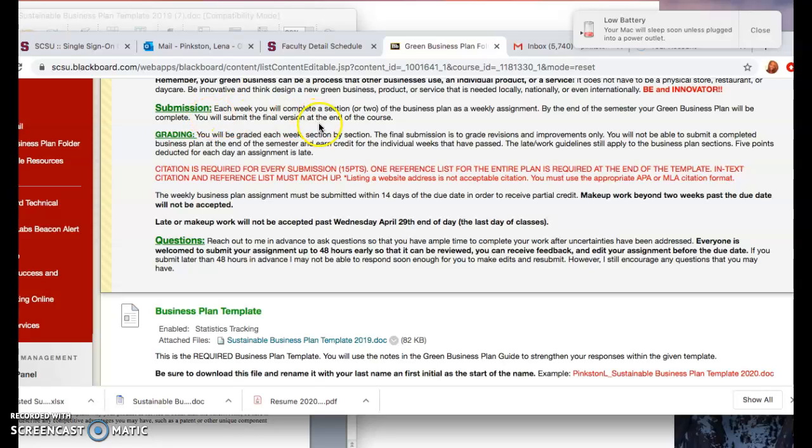Submission. Each week you complete a different section of the business plan. Each week you want to submit that entire file. All right. So each week I should be able to scroll and see your cover page. If you did the extra credit, I should be able to see your mission statement. Then I should see your executive summary.